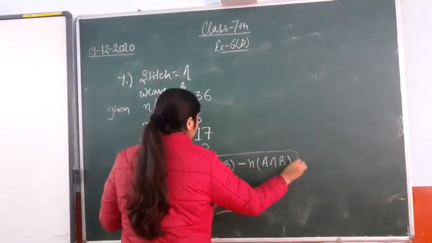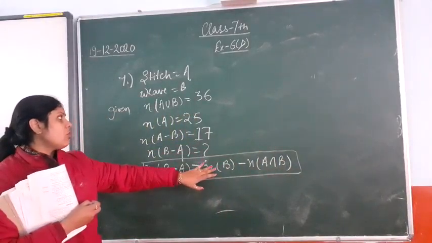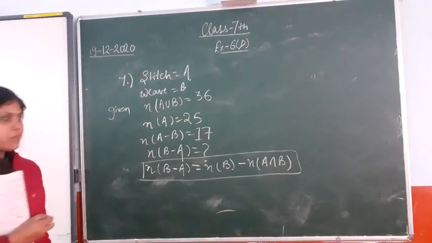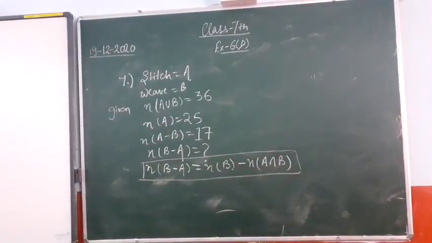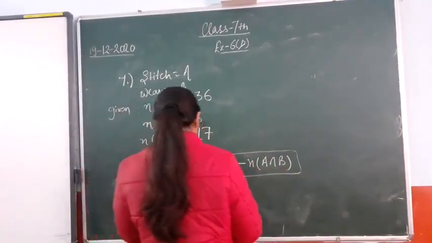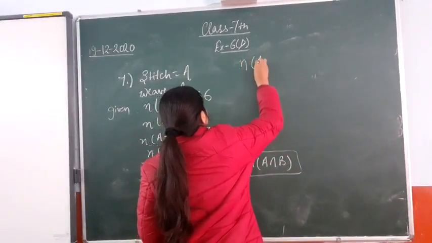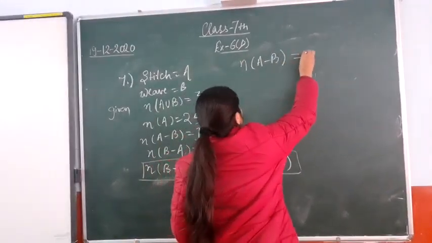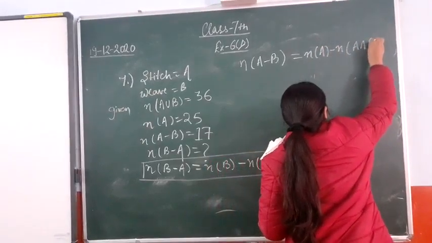So, neither you have a value of n(B) nor you have the value of the intersection. So first of all, your purpose is to take out these two values and then you can put them in this formula. So n(A minus B) is equal to n(A) minus n(A intersection B). This we know.